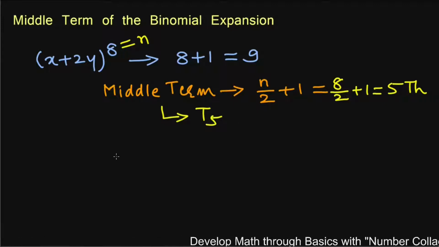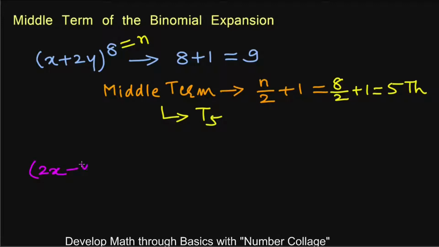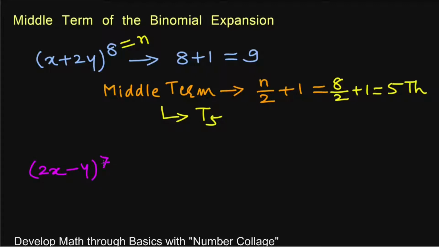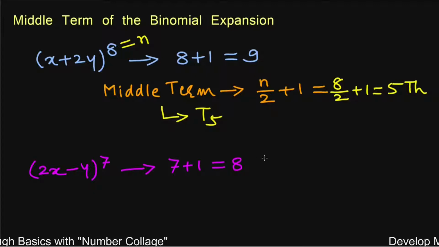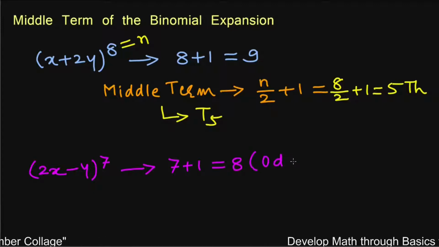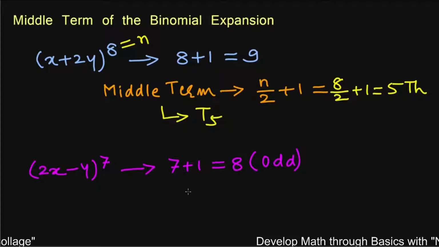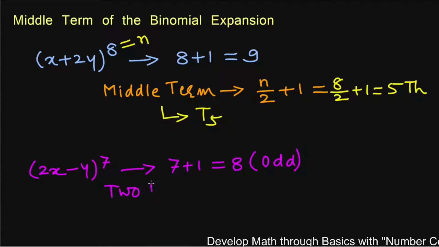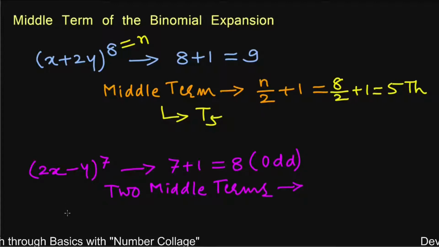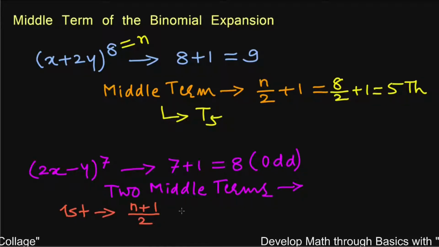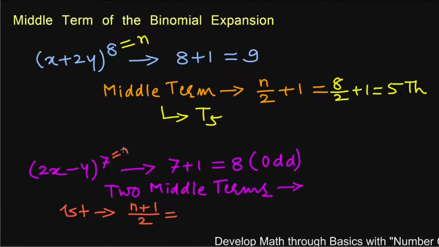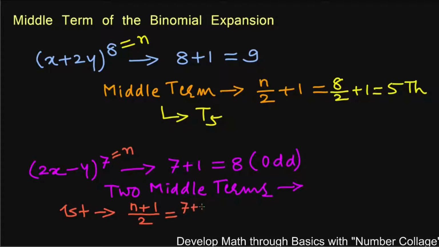In the binomial expansion of (2x - y) raised to 7, there will be 7 plus 1, 8 terms in the expansion, which is an even number. So therefore, there will be two middle terms in the expansion. The first middle term will be (n plus 1) upon 2, where n is 7, 7 plus 1 upon 2.